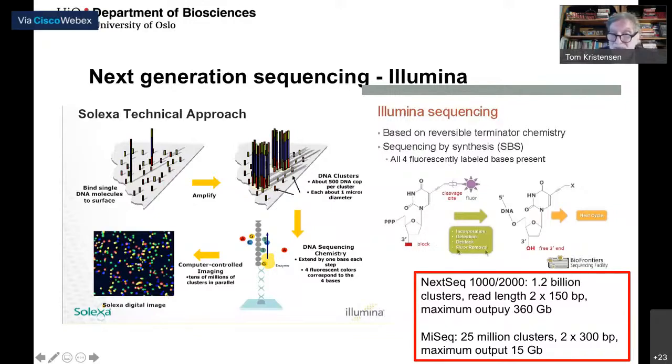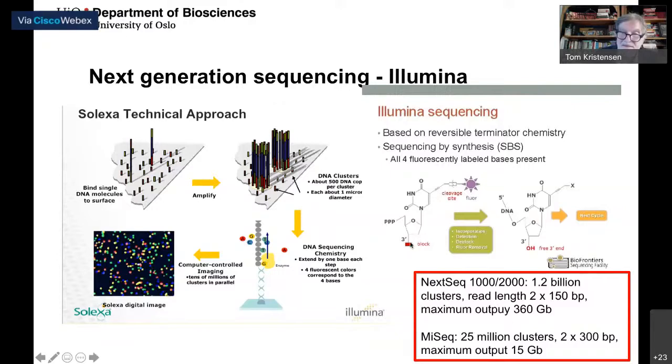I'm not sure this figure really shows it clearly for you, but anyway, we have a nucleotide here which has been modified in two ways. One modification is that it has a fluorescent tag on the end, and the color of the tag will be different for the 4 different nucleotides.